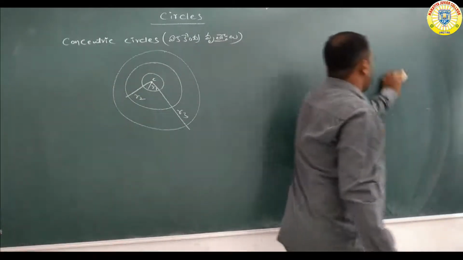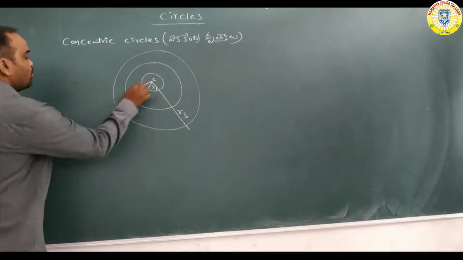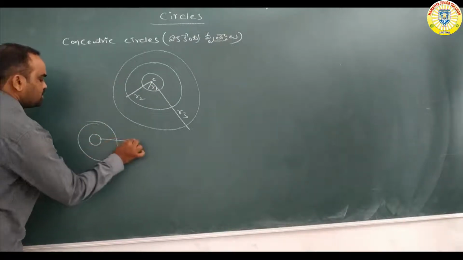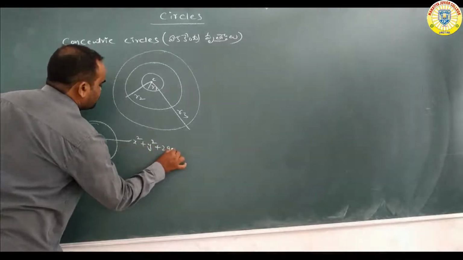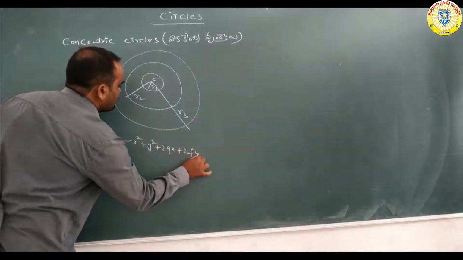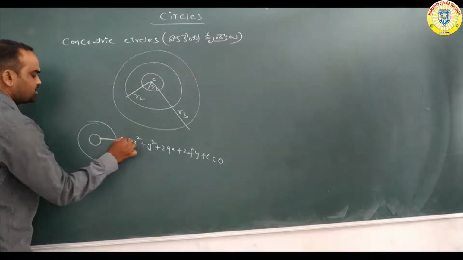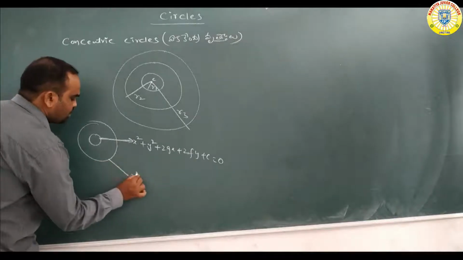So we have an important concept. Suppose there are two circles. The equation of the first circle is x square plus y square plus 2gx plus 2fy plus c equal to 0. In this case, the equation of the second circle is also like this, the same.